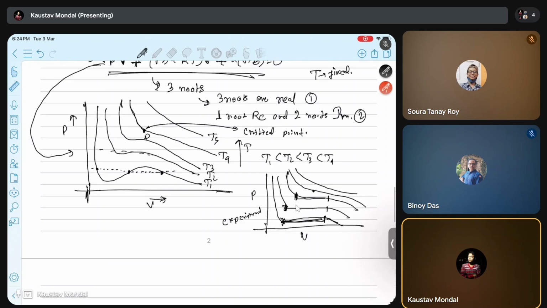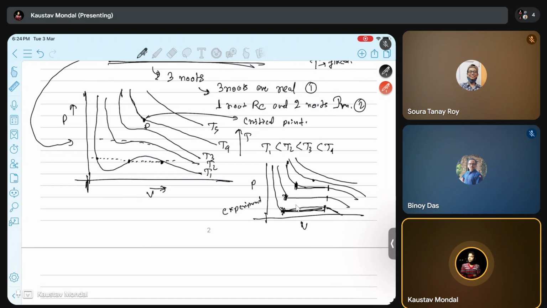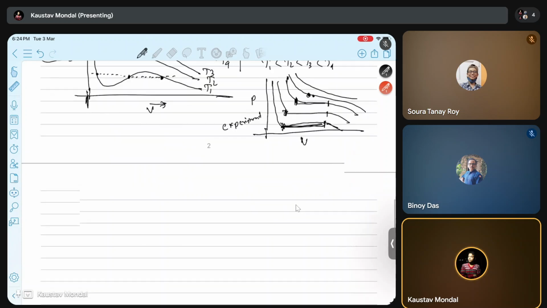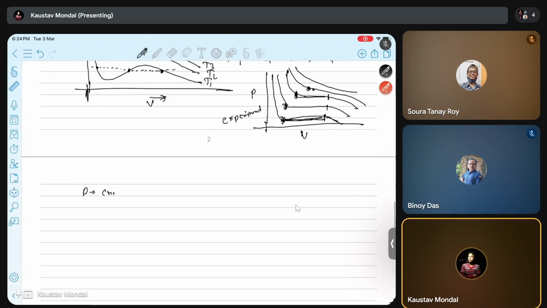But it kind of shows us the critical point, right? This point P is the critical point, where there is one real root.